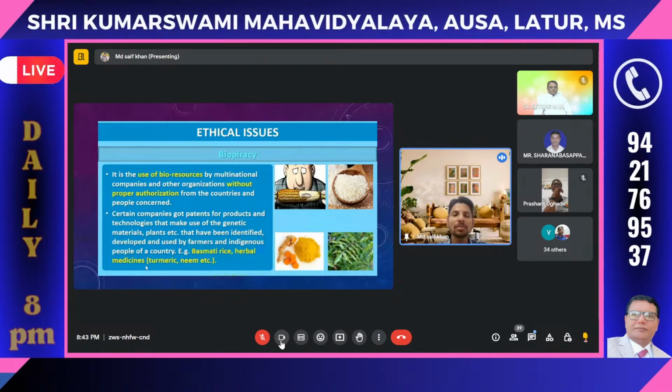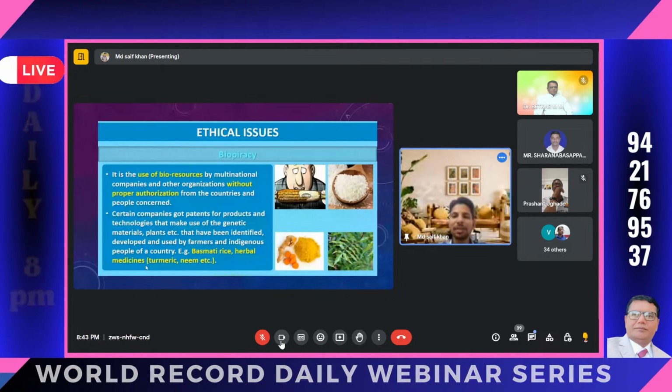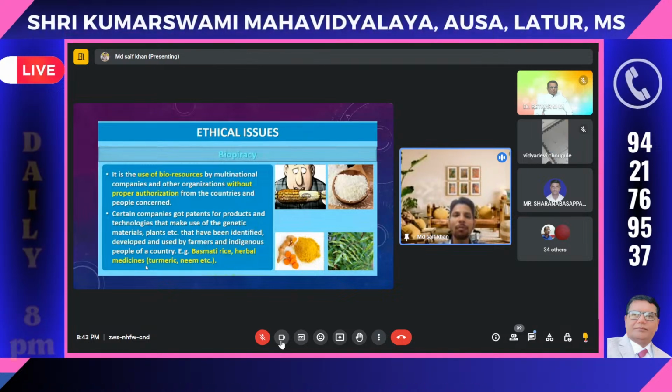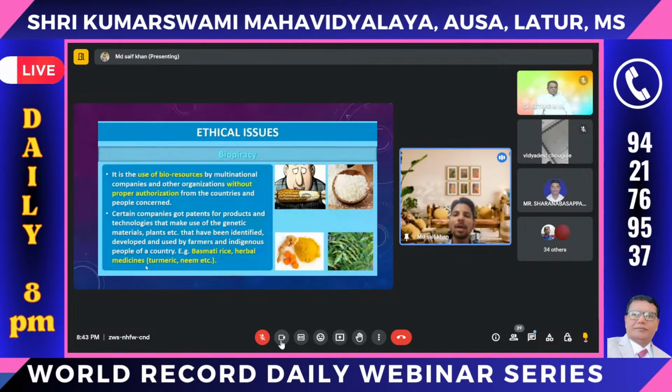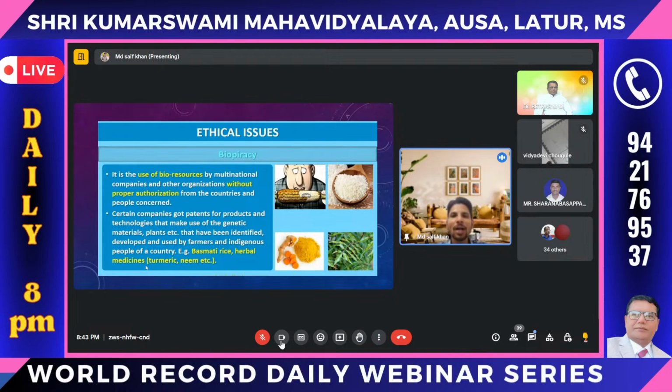Turmeric has been used thousands of years ago, as given in the Ayurveda; turmeric has a high healing ability, and it is also anti-inflammatory, right? So basmati rice is also produced in India, but several companies are unauthorizedly patenting that product. So that is called biopiracy.